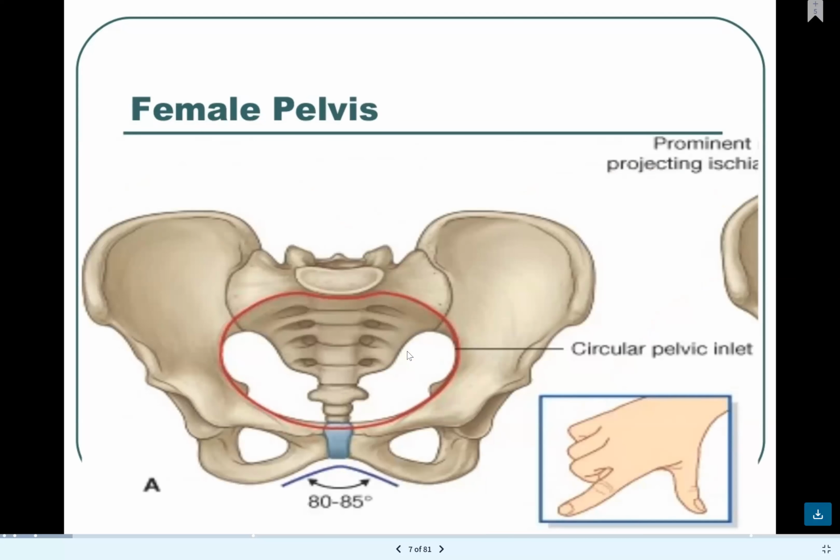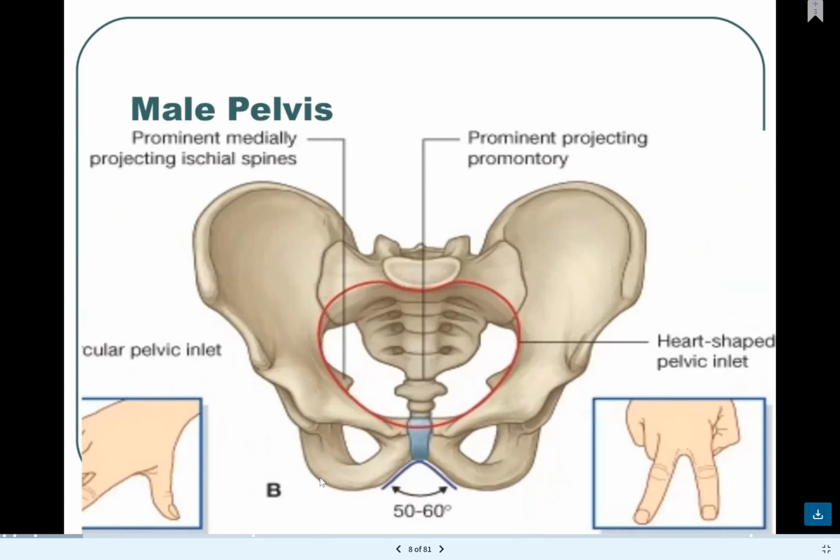Predominantly, we are looking at the female pelvis, which is a bit wider than the male pelvis and a bit more circular. The angle here is about 80 to 85. That is the angle you find around this area when you put your fingers in that manner. We'll see how the male pelvis looks.